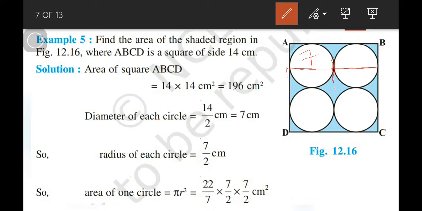Area of the circle, pi r square, is equal to 22/7 into 7/2 into 7/2 centimeter square. So now it is the area of one circle, which is 154 by 4, equal to 77/2 centimeter square. Here 4 circles are given, 1 2 3 and 4. We are going to subtract the area of 4 circles from the required space.